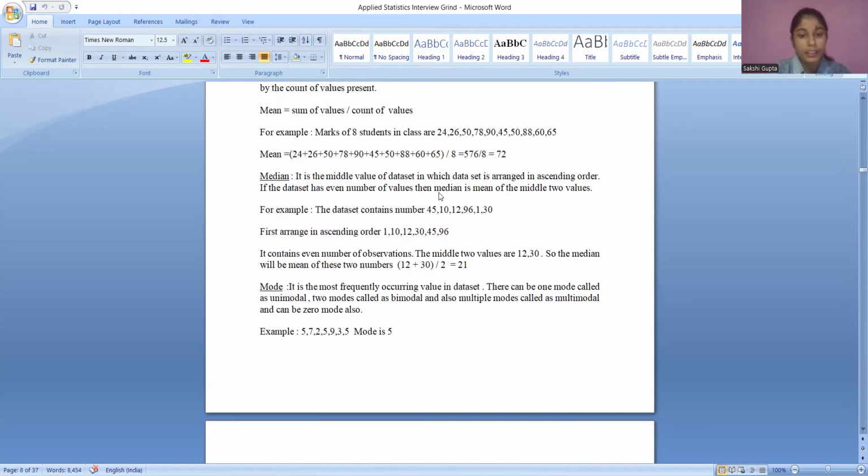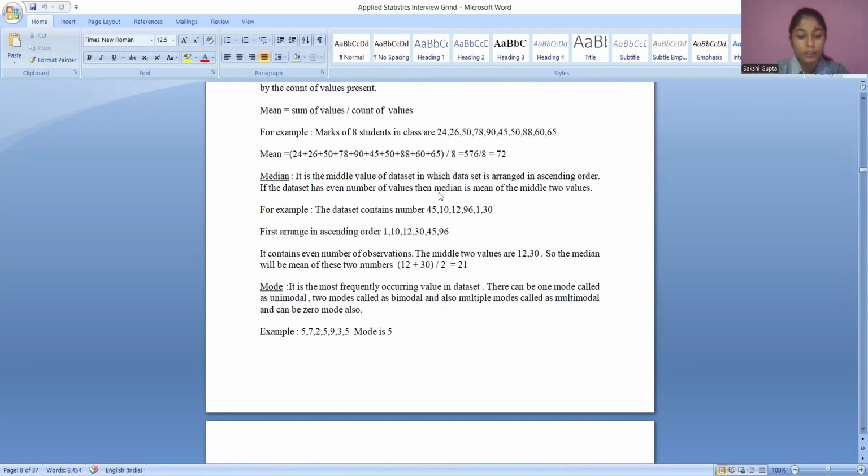For example, the data set contains the numbers 45, 10, 12, 96, 30, 1. First, arrange in ascending order: 1, 10, 12, 30, 45, 96. It contains an even number of observations. The middle two values are 12 and 30. So the median will be the mean of these two numbers, 12 plus 30 divided by 2 equals 21.